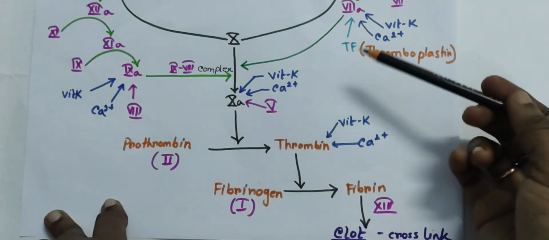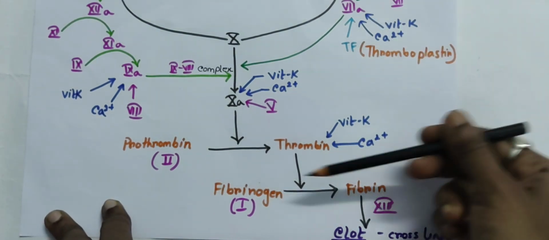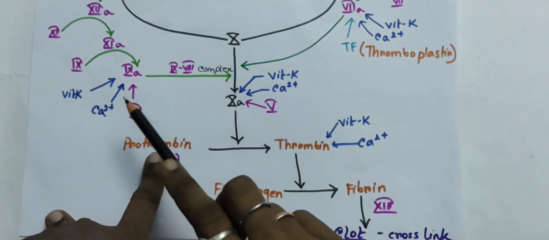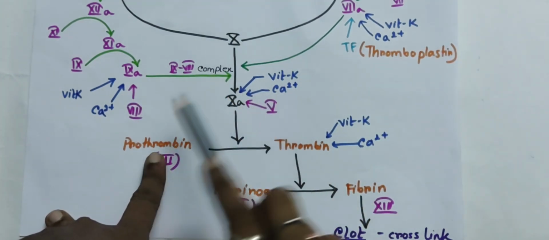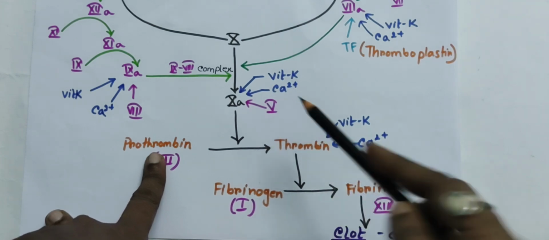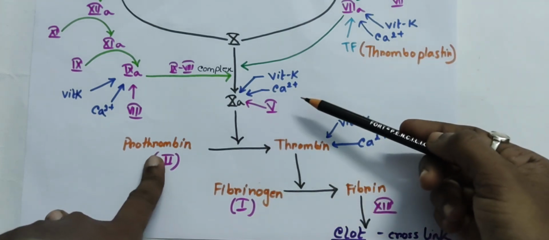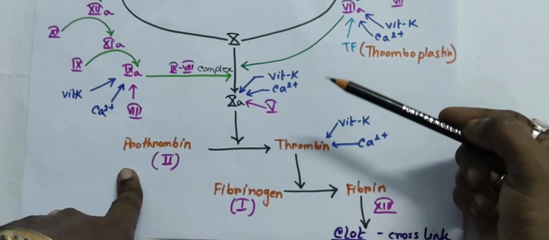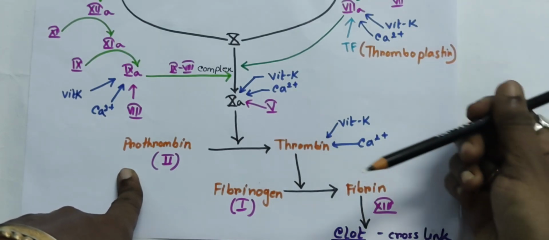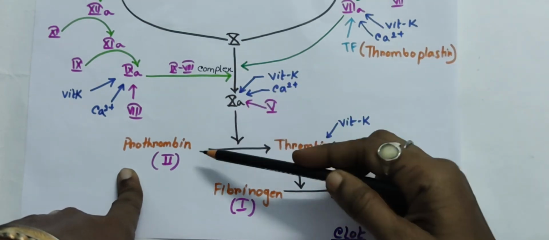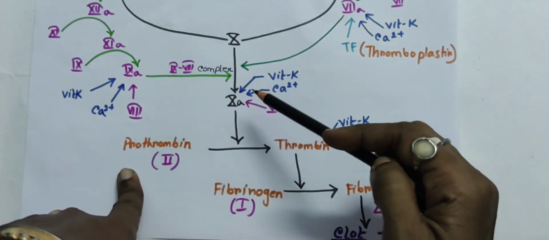We can see that for factors 2, 7, 9 and 10, the role of vitamin K and calcium is very important, a very vital role. Vitamin K and calcium play a very important role for these four factors: 7, 2, 9 and 10.